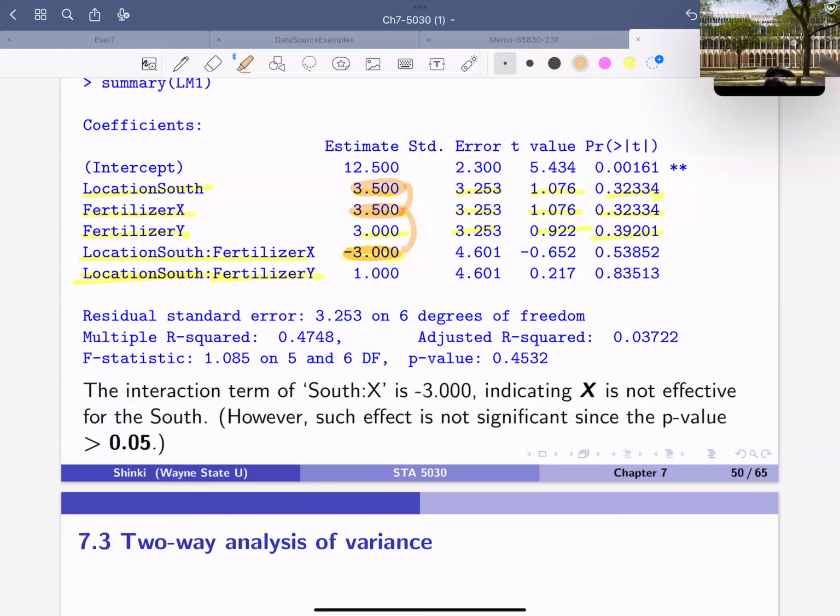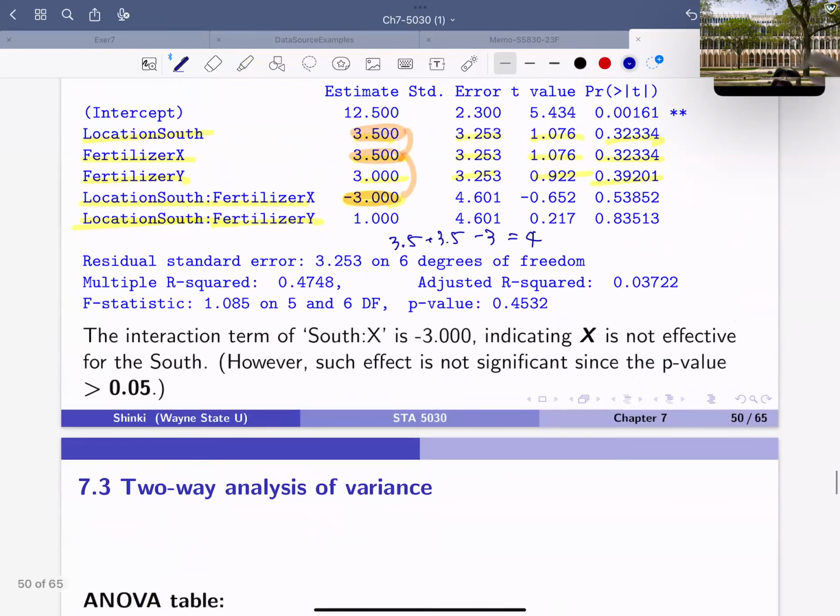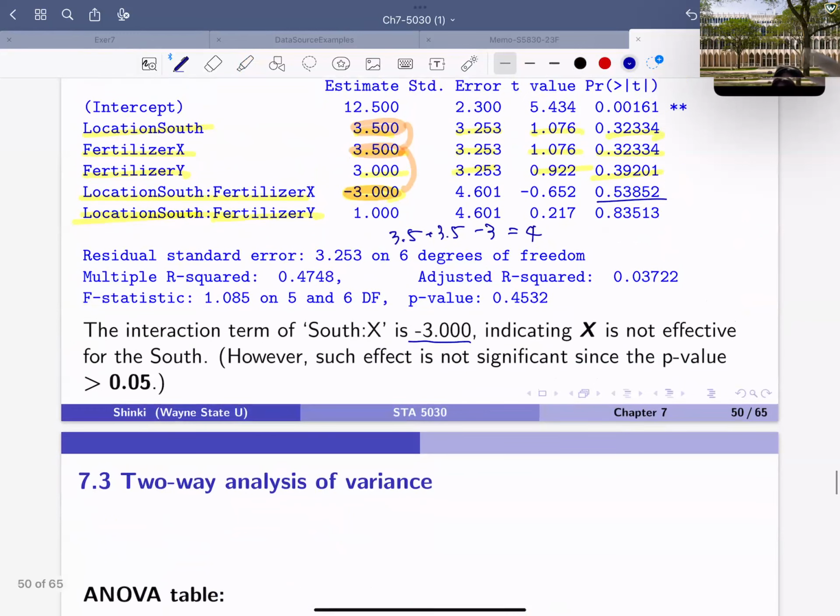Compared to the baseline, the south and X combination makes growth basically 4 higher. So the interaction is -3. So this combination may lower the yields. But anyway, this is not significant, so maybe this happened just by chance.